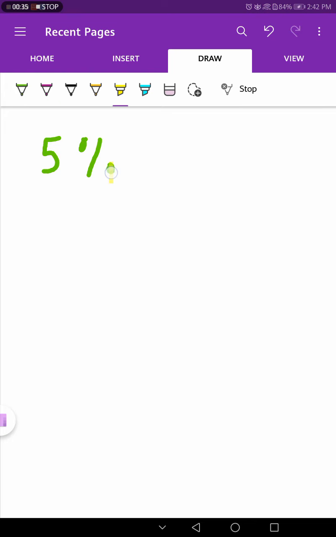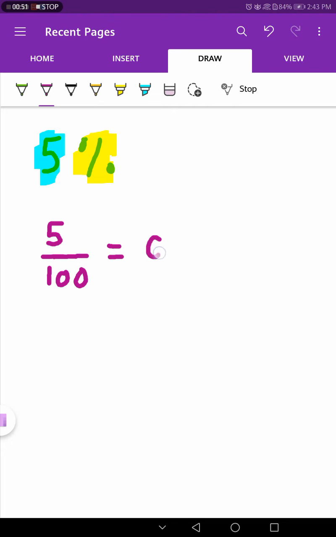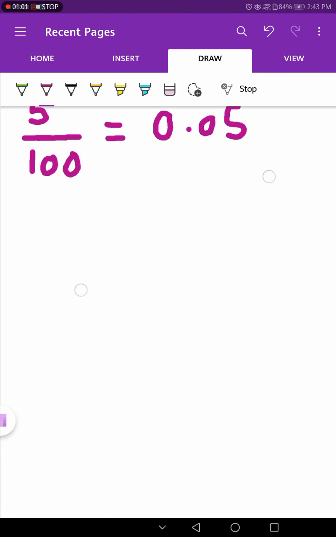Any number with percent means this number over 100, as we learned. So it is 5 over 100, which is 5 hundredths, and we know how to write 5 hundredths: 0.05.